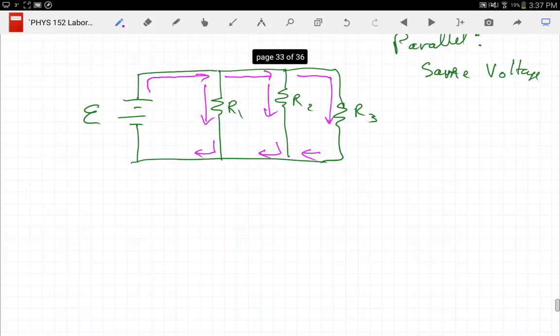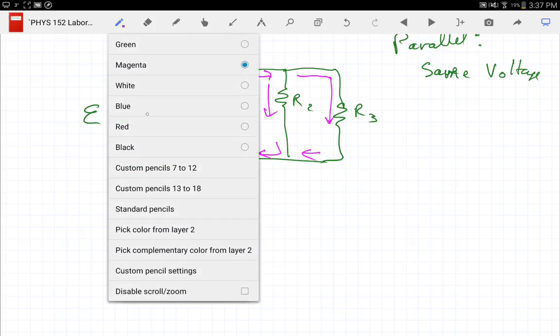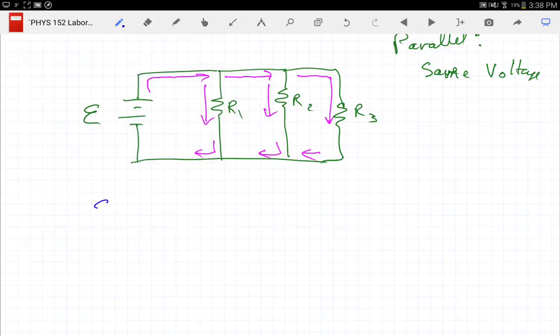Now, an equivalent circuit has the same power supply, but just one resistor. Now, if it's equivalent, the power supply has to have the same EMF, and what would the other thing be? Power supply can't tell the difference, so what two things have to be the same?